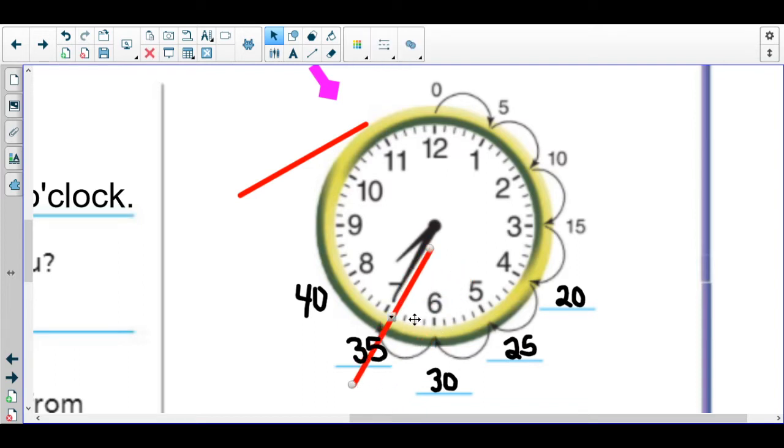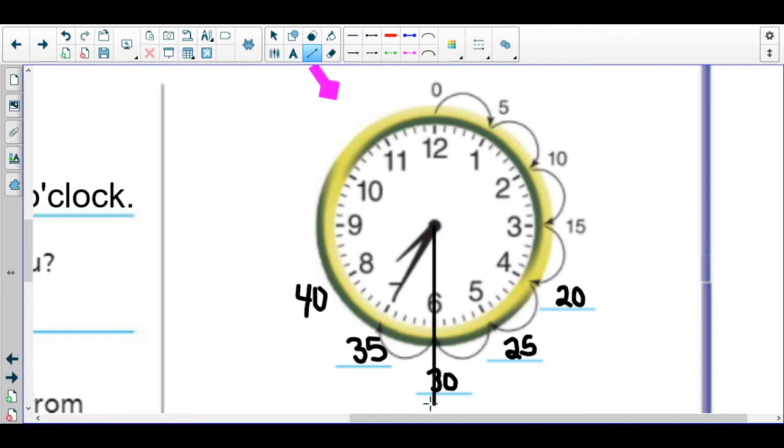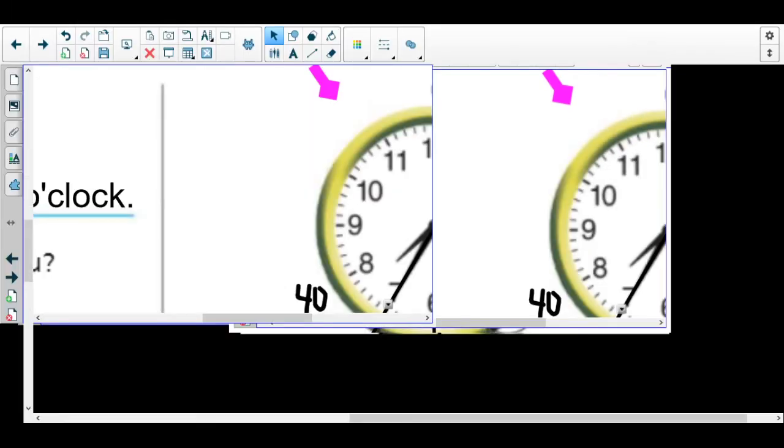Well, let's take a look here and see what we can come up with. All right, so our minute hand is right here, at the 30, so 7:30, and that goes right on to that 7.